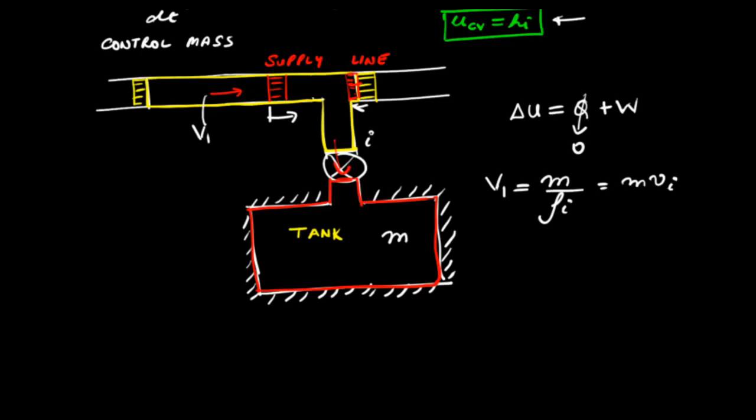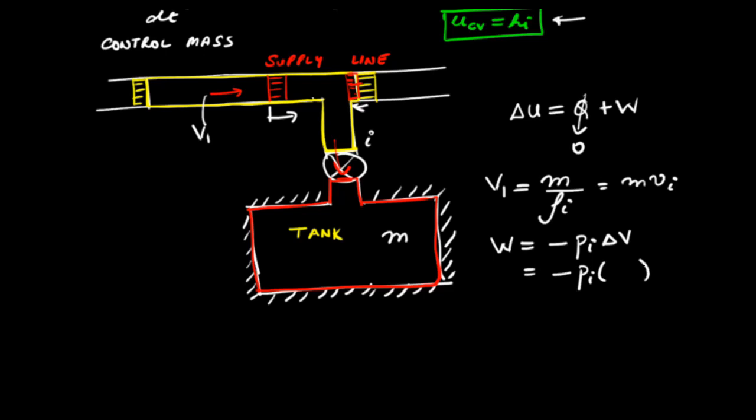Now, while this gas enters the tank, you can imagine that these pistons move and they push this gas. So what is the work done in this process? The pressure in the supply line remains constant, and the work done on the system, and in this case our system is the control mass, is minus Pi delta V. This would be equal to minus Pi times the change in volume.